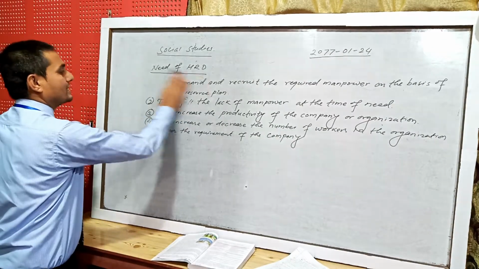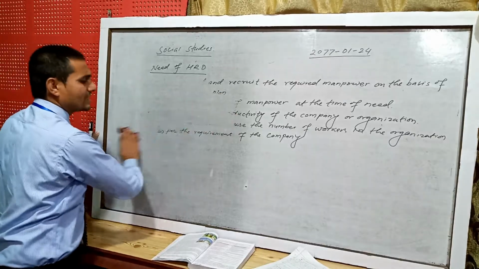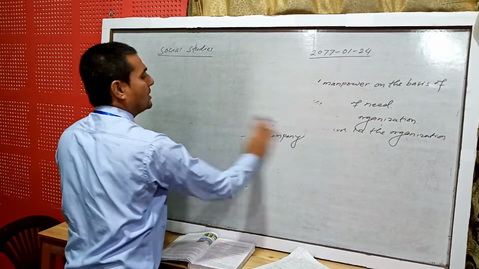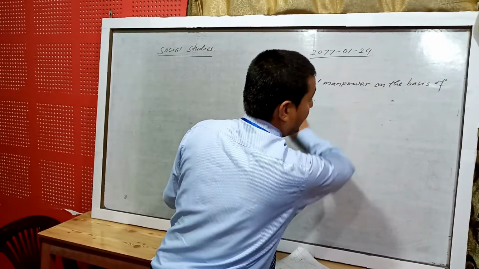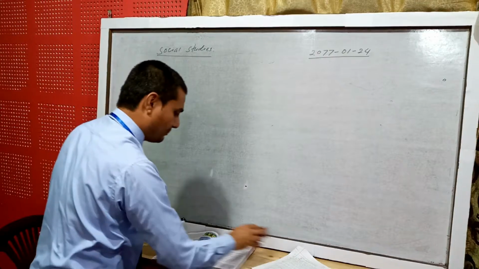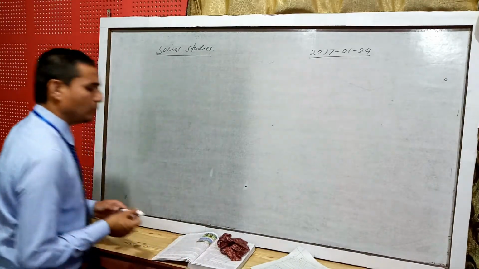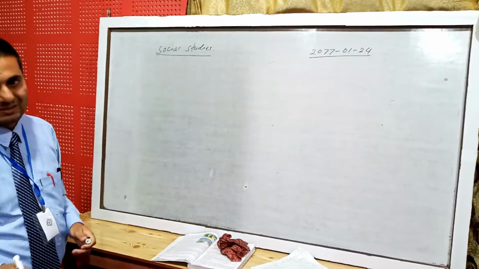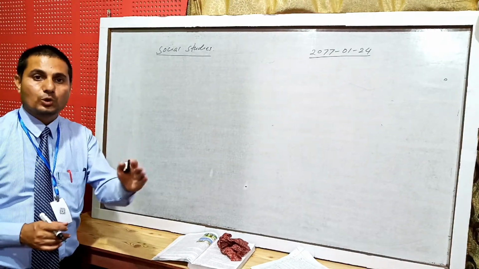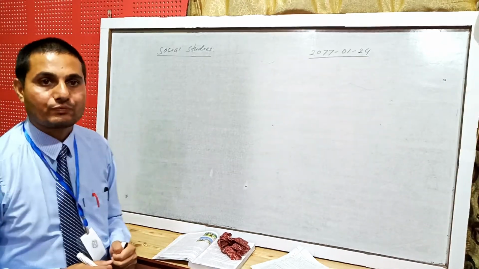Now we will discuss the next possible question asked in the SC examination, from the same lesson: process of human resource planning. What are the processes of human resource planning? Possibly this question is asked in the examination.